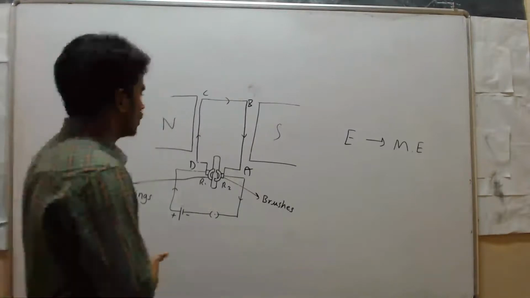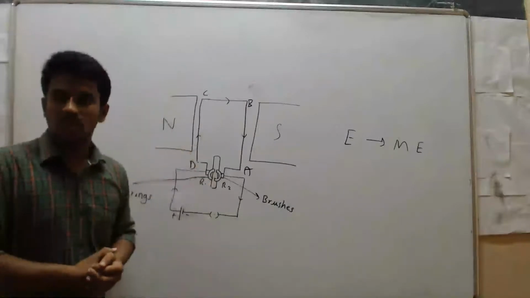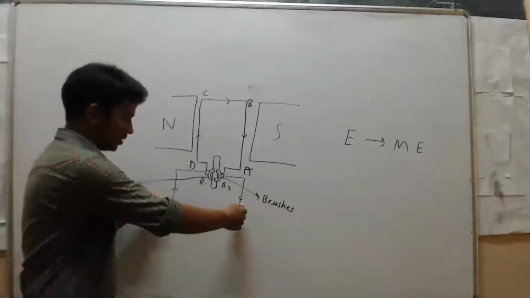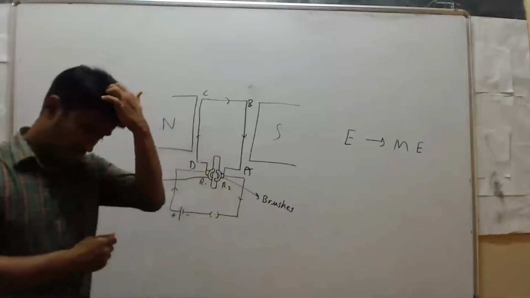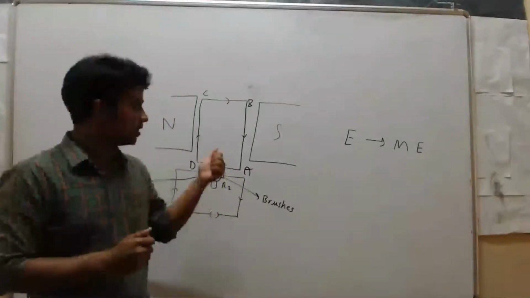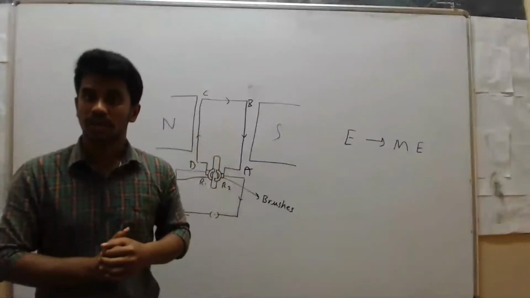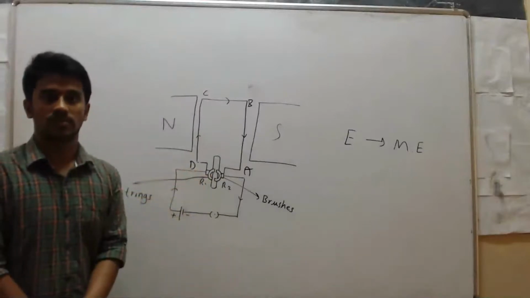Now these two split rings rotate with the armature. If you won't use these split rings, what will happen? Then you have to rotate even the battery also. While using that DC motor, you connect that battery. That battery won't rotate with that coil. Only this armature or this coil will rotate. So that's why we are using these split rings.